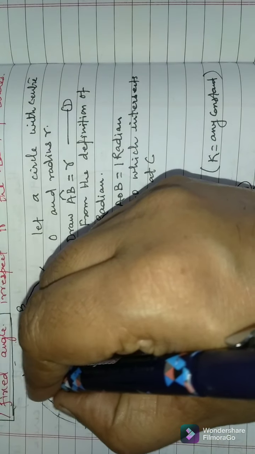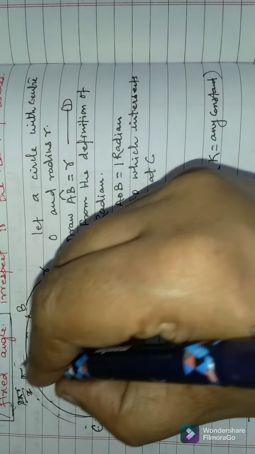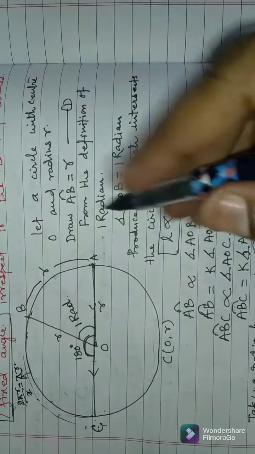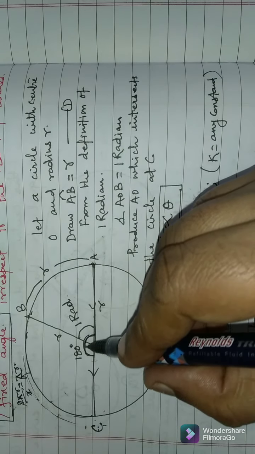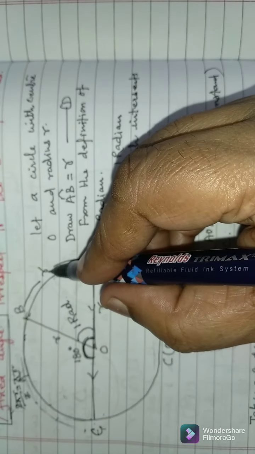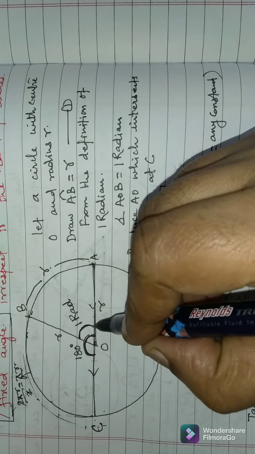So this length will be 2 pi r divided by 2, so it is equal to only pi r, and this makes angle AOC 180 degree, and AB arc whose length is r, making 1 radian angle.